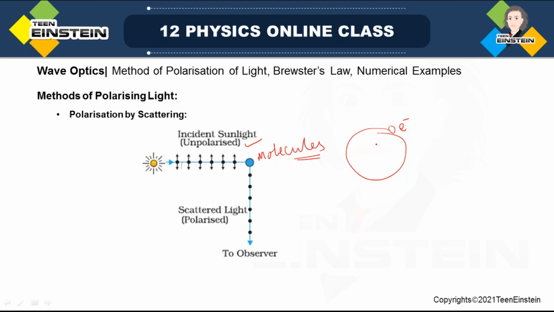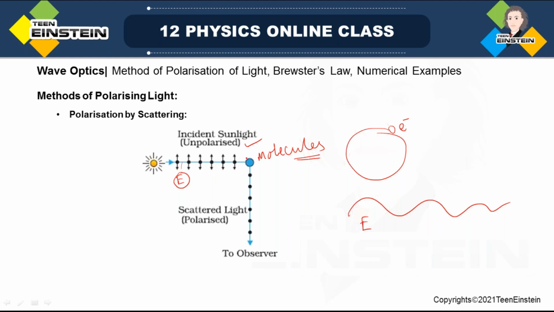Electrons are charged particles, and this light is represented by an oscillating electric field.